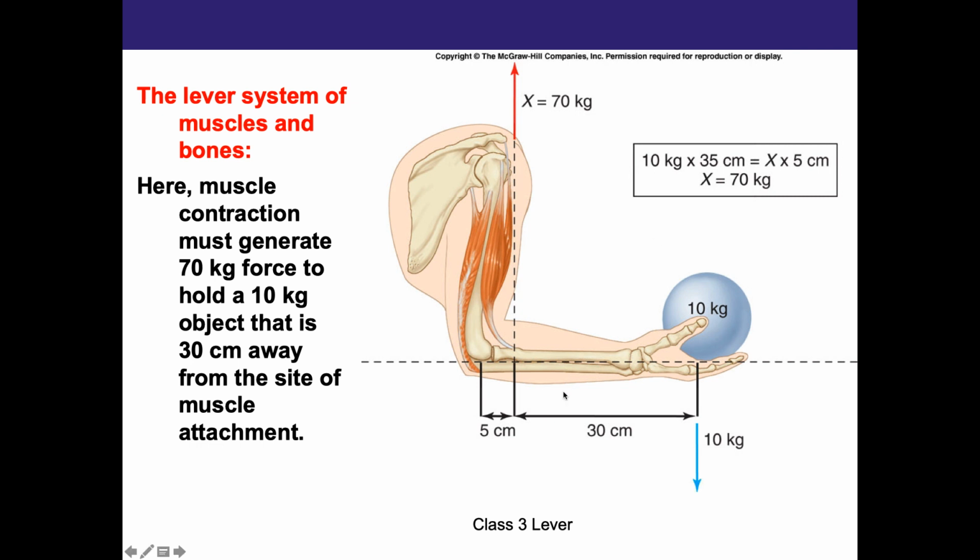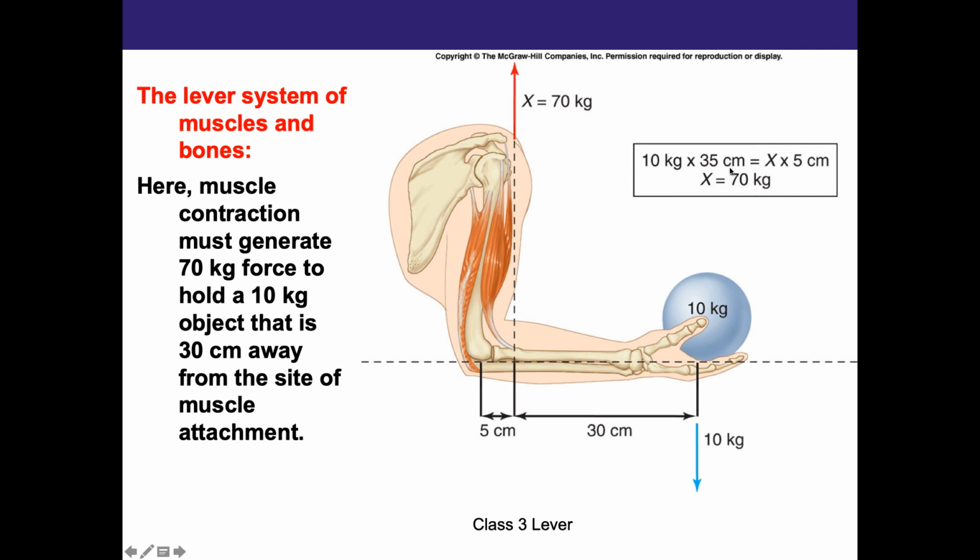The biceps are attached to your forearm bone from the fulcrum at about 5 centimeters. And then another 30 centimeters out is where you're holding the 10 kilogram weight. So the work term is this, 10 kilograms times 35 centimeters.